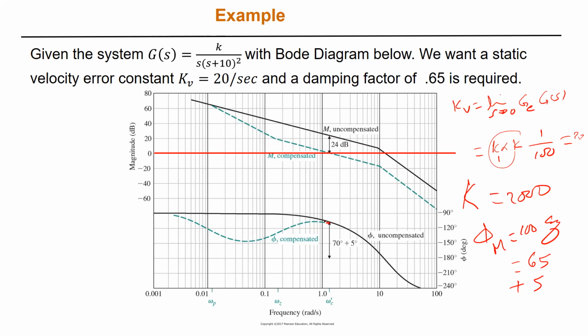A question, Doctor: the 100 times zeta, where did we get this from, or is it well known information? Which one? The phase margin equals 100 times zeta. If you go back, you derived it, it has already been derived.